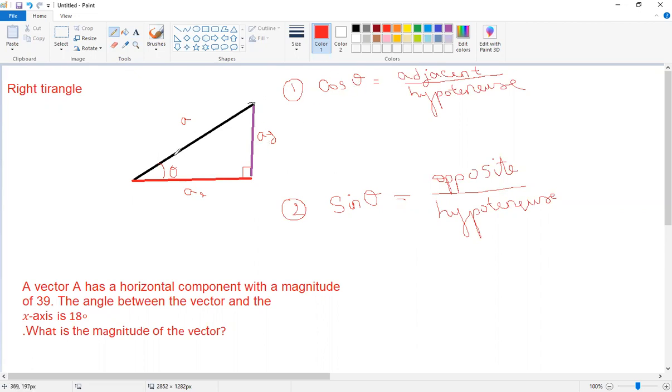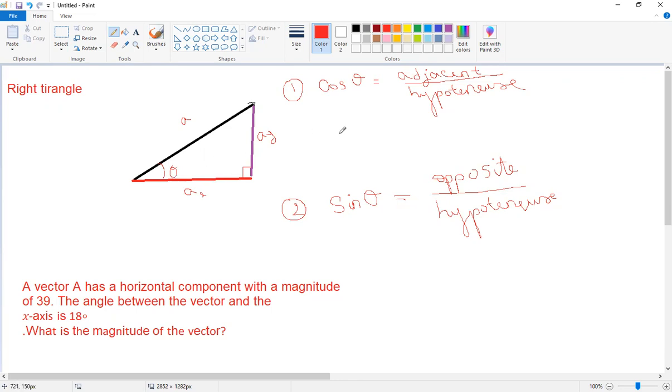Cosine theta, where theta is the angle here, is adjacent over hypotenuse. What do you mean by adjacent? What do we mean by hypotenuse? Adjacent is the side that is next to angle theta.